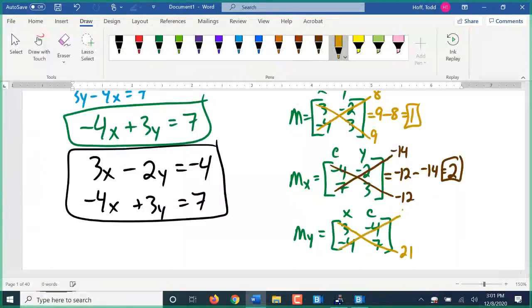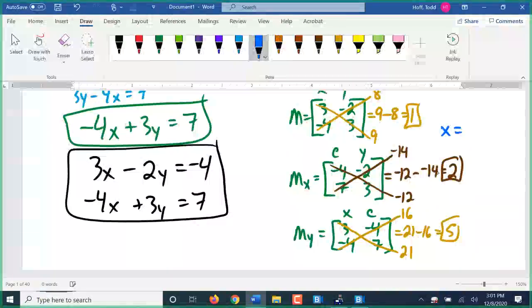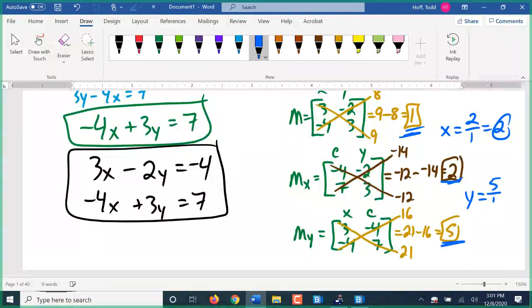Negative 4 times negative 4 is 16. 21 minus 16 is 5. 5 is the determinant of the y matrix. So x is 2 divided by 1, which is just 2. And y is 5 divided by 1, just 5. Our solution here, x is 2 and y is 5.